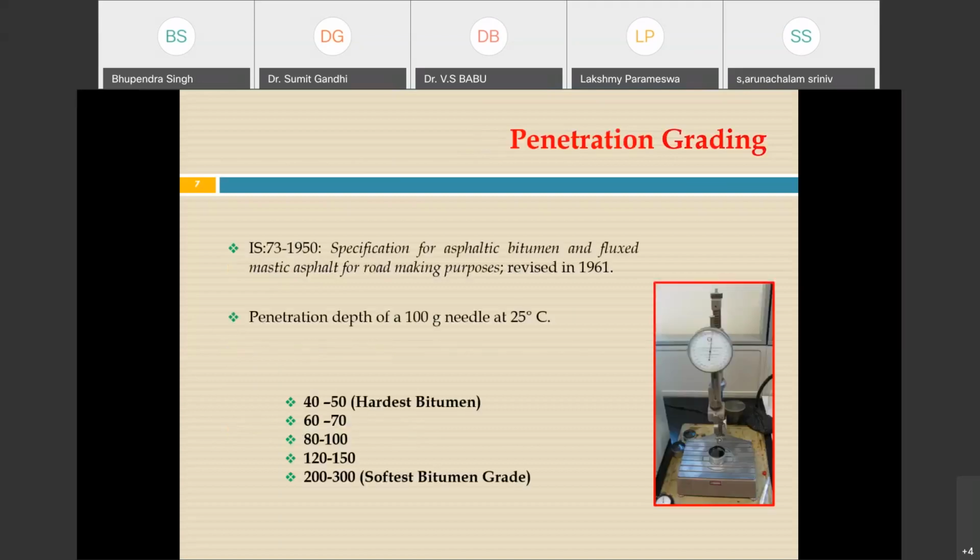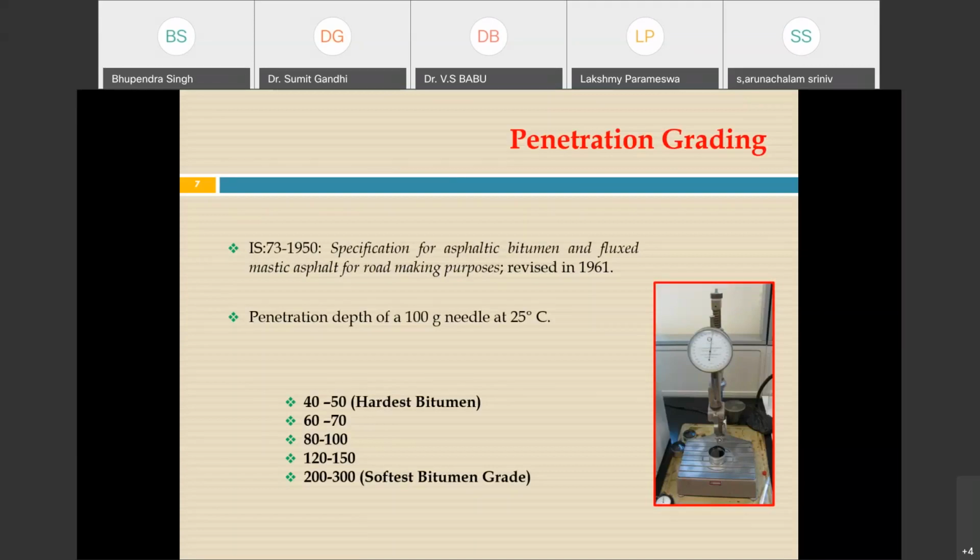Penetration grading, as the name suggests, is based on the penetration value of our asphalt binders. In India, penetration grading is decided based on IS 73/1950, and then it was further revised in the year 1961. So as we all know, what is the penetration test?